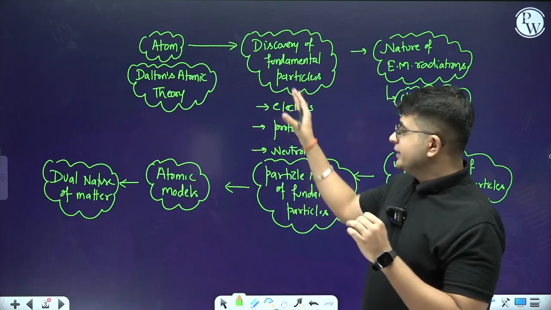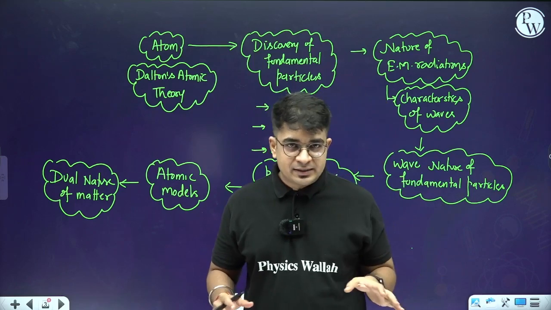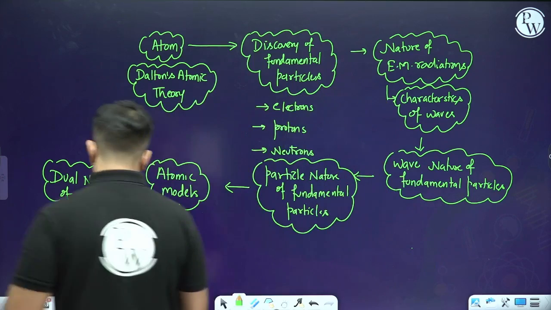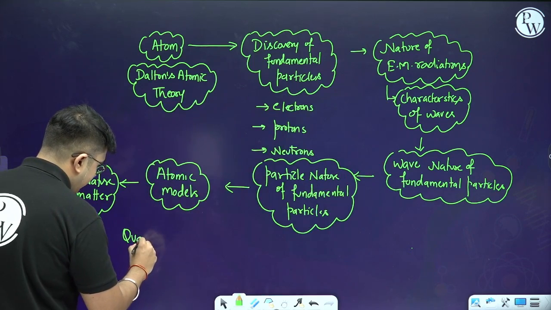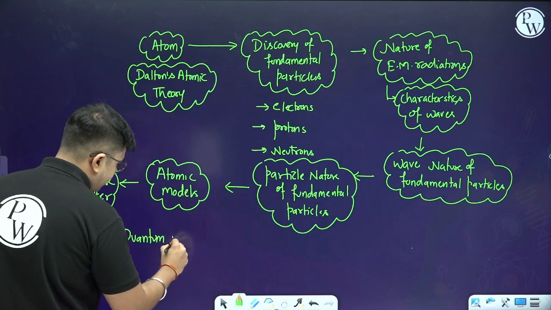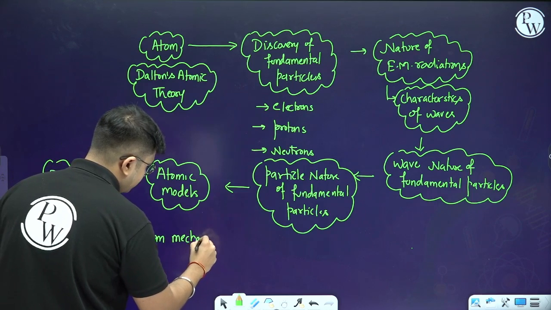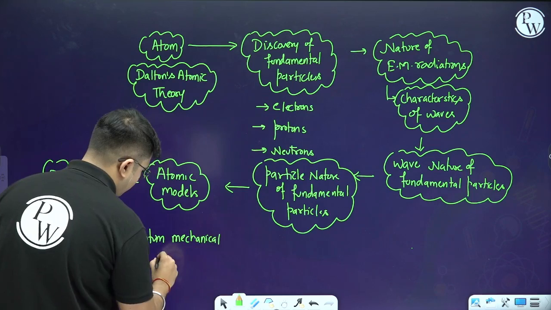Now, after covering the entire part, we have covered all the basics. Now, it's time to discuss the most advanced model, which is actually known as the quantum mechanical model.